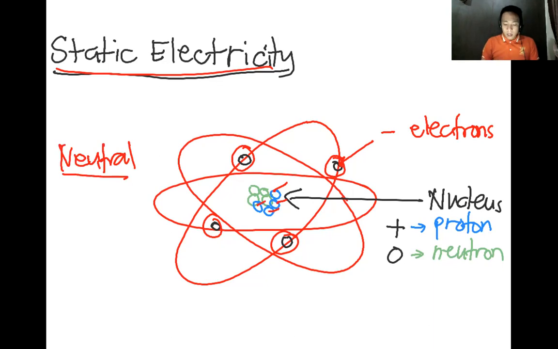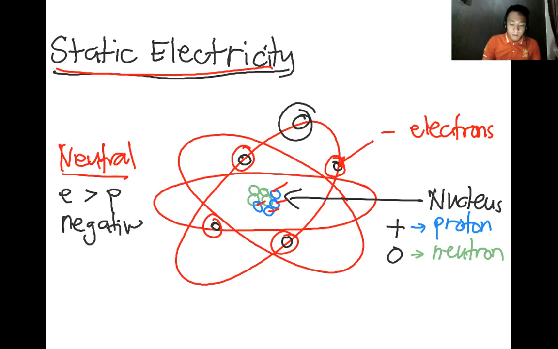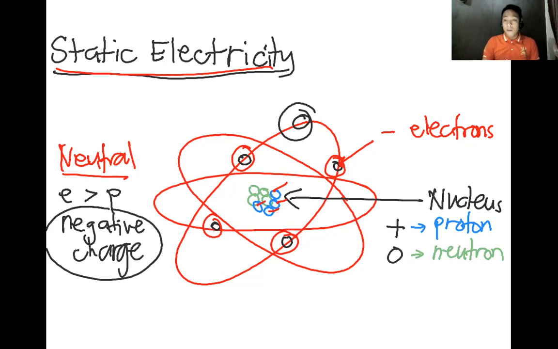But if we have an extra electron here, and now electrons are greater than protons, this is not neutral now. This is now imbalanced, so we can call this a negative charge. Again, if the electrons are greater than the number of protons, it will become a negative charge.